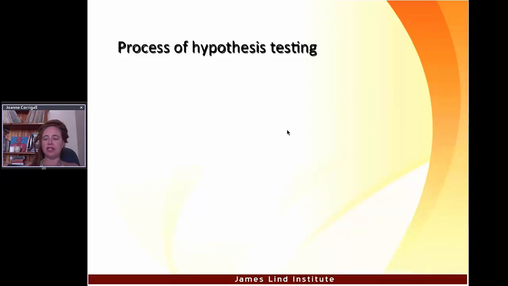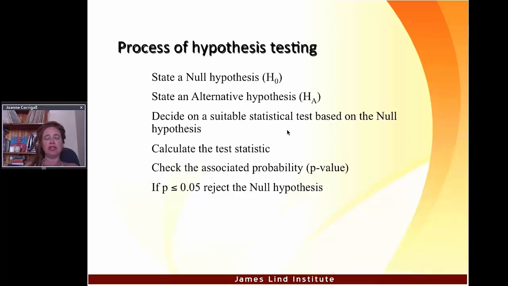Okay, so what is the first thing we do once we come to bivariable or multivariable analysis? The first thing you need to do when setting up your study is to do what we call hypothesis testing. So the first thing that you need to do is to state a null hypothesis. So let's say our hypothesis was that men in Tokyo have higher blood pressure than women. The null hypothesis is basically, well, what would that be if it were not true?